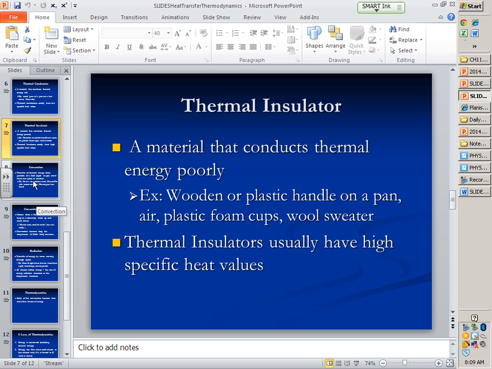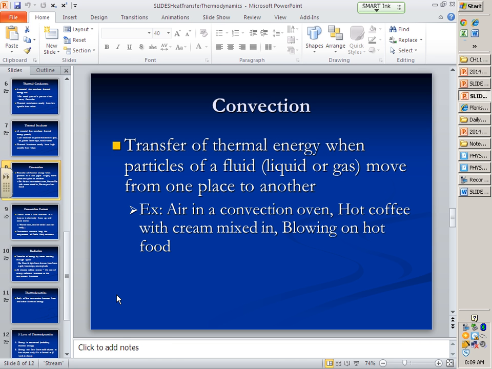Next type of energy transfer is convection. And we talked about that convection involves the transfer of a warm fluid. So something has to move to carry that heat. So going back to our example of passing the note from one side of the room to the other, this would be like if you have the note in your hand and you sort of slyly stand up and walk towards the garbage can, but on the way to the garbage can, you just happen to pass by the desk of the person you're trying to send the note to.